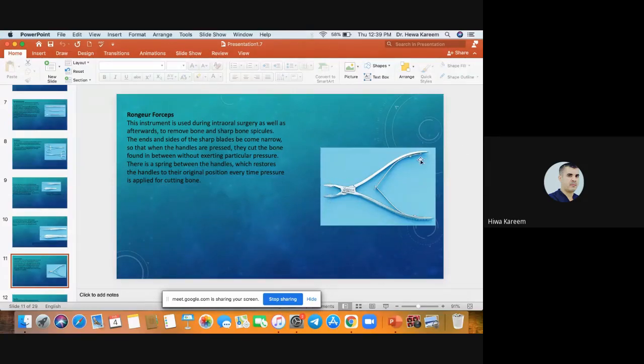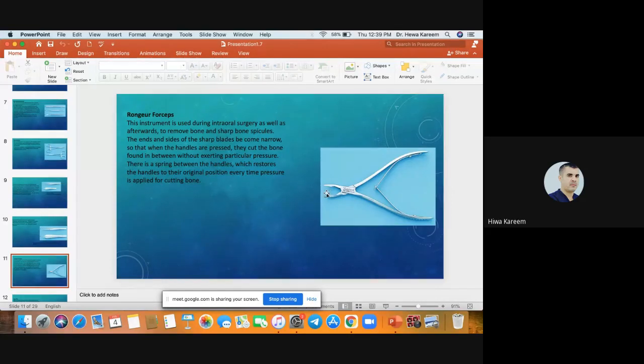When the handle is pressed and closed, the bone found between the blades is cut without exerting particular pressure.